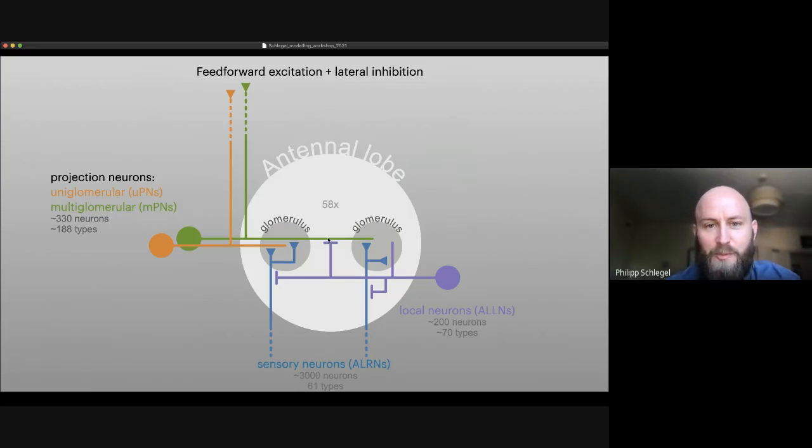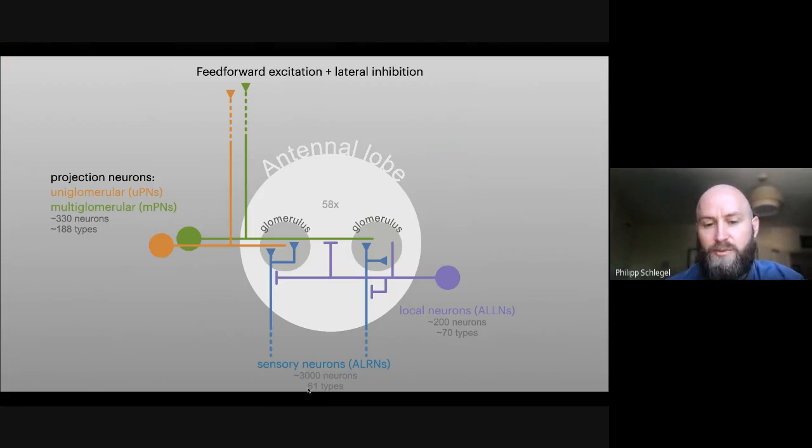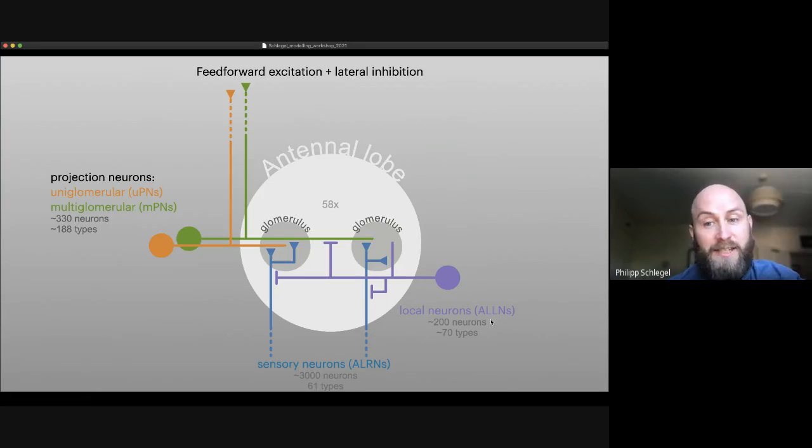And to add a bit more detail, when we look at the antennal lobe, we find 58 of these glomeruli, each of which is the target of a specific type of sensory neuron. There's about 3,000 of them, as I said earlier, falling into 61 types. Then we have inhibitory local neurons, of which there are about 200, falling into 70 types. So there would be input, local computation, and when it comes to output, we have these projection neurons.